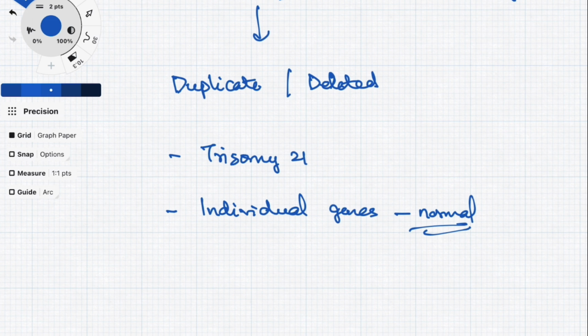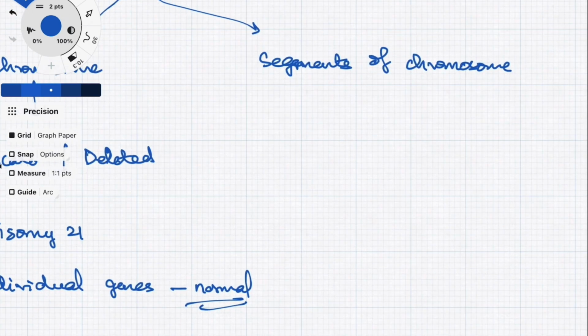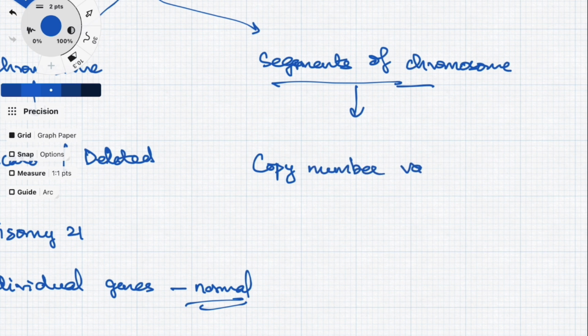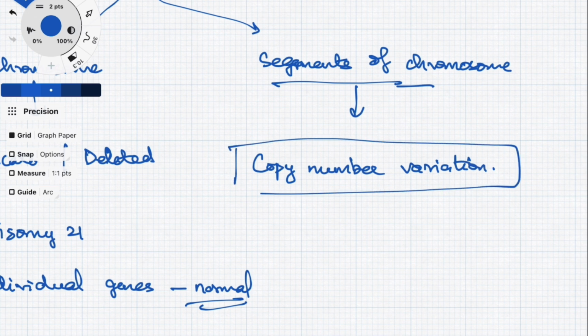So this is the problem. Now if the same thing like deletion or addition or duplication happens in smaller segments of chromosome, we call that copy number variation.